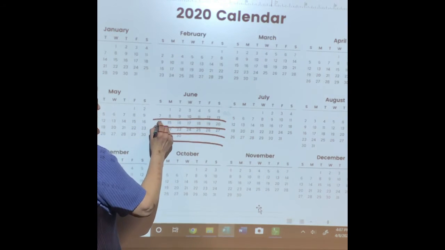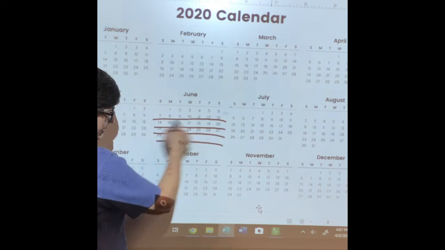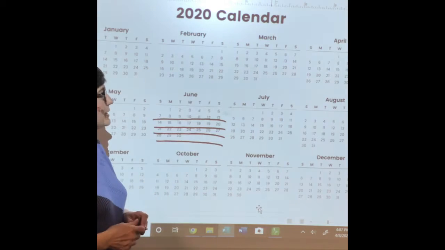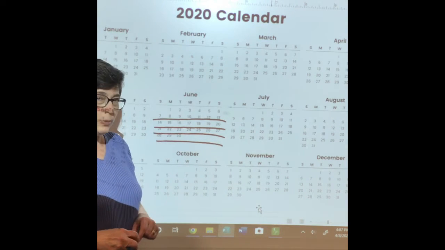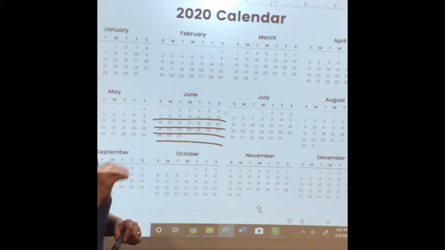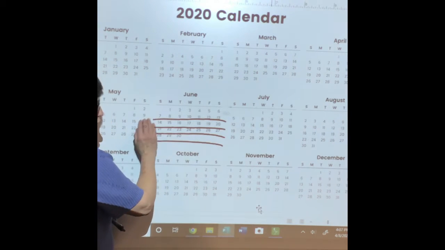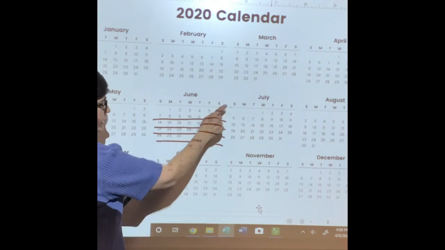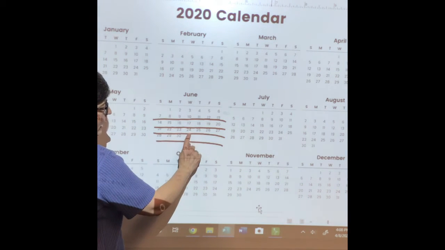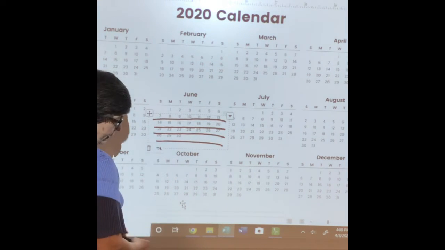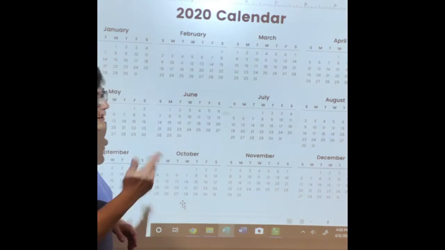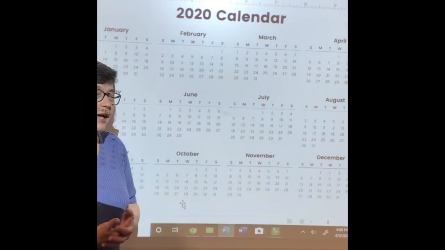Underneath the Sunday, you would have 14. Underneath Monday, you would have 15. And you just keep going. So they're going to ask you some questions like they might say, what day does June 24th fall on? Okay? So you could write it out. That's perfectly fine. Or you can think in your head and kind of count it. But if we wrote it out, we would see that June 24th is on a Wednesday. Okay? So that's something you'll have to be working on. It'll get easier as you continue. And we've kind of done some of that already.